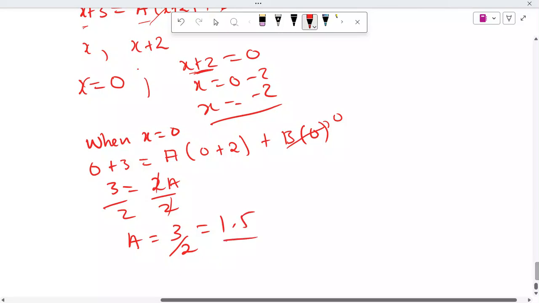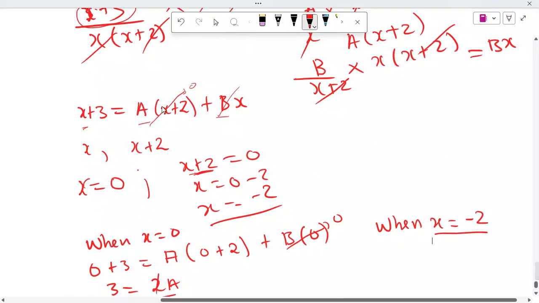Okay, that is A. Then the next part, when x is equal to negative 2. So where is this coming from? You are getting these from the equation x plus 2 set equal to 0, so x is equal to negative 2. Now we substitute negative 2 in this original equation here. So you have negative 2 plus 3 equal to A times (negative 2 plus 2), plus B times negative 2.